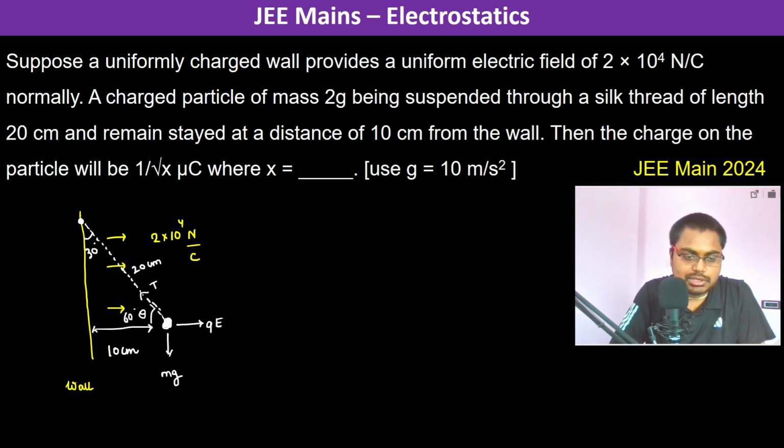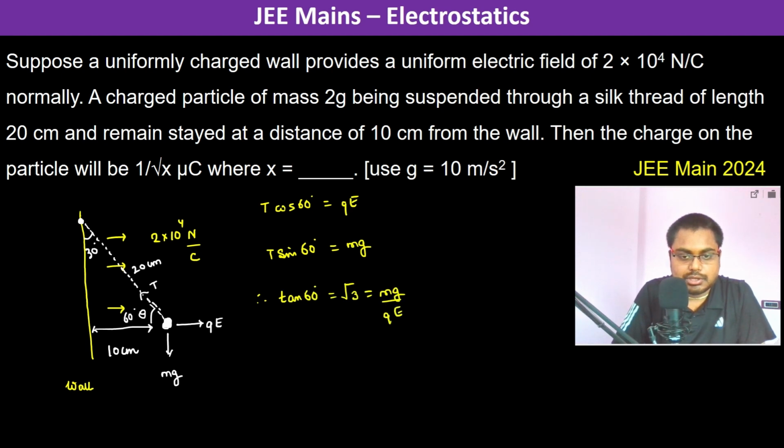So if you see the free body diagram, it states that T cos 60 degree is going to be equal to QE, and T sin 60 degree is going to be equal to mg. So therefore tan 60 degree, which is root 3, is equal to mg divided by QE.